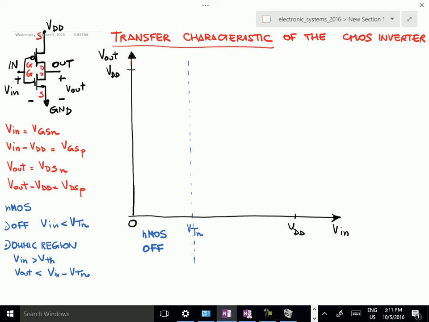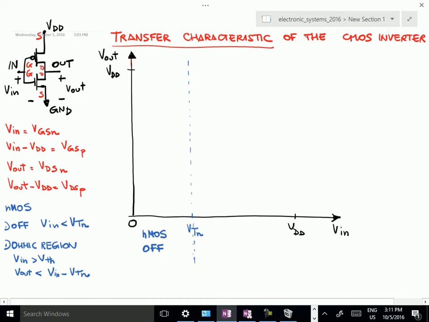Also, these two expressions define a region in the xy plane. If you look here, Vin is larger than Vtn on the right of this vertical line, but also we have Vout smaller than Vin minus Vtn.